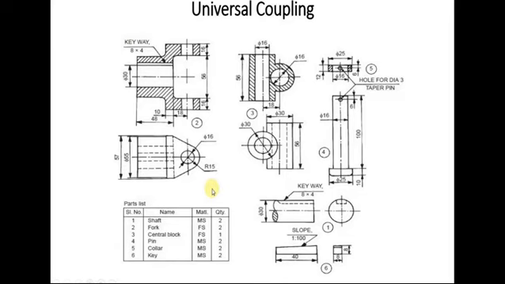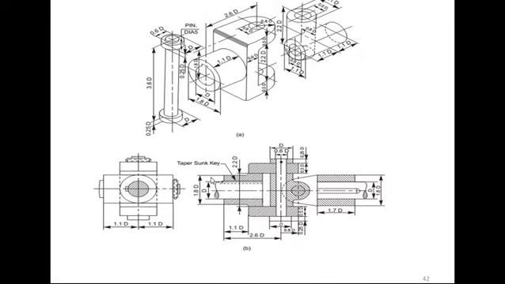This kind of assembly we attach together, and this is how the final assembly drawing takes place. From this side the driving shaft will attach, and from this side the driven shaft will attach, so that whatever motion the driver shaft has can be transmitted easily to the driven shaft.